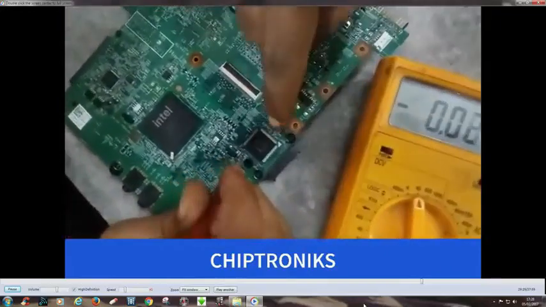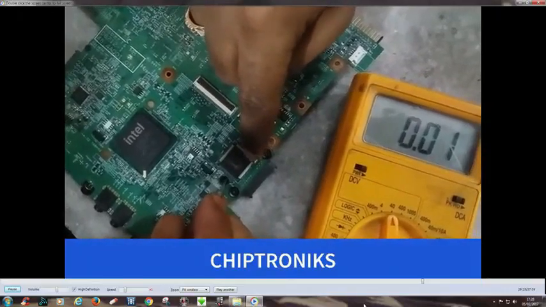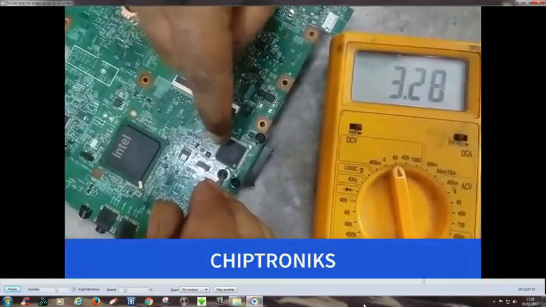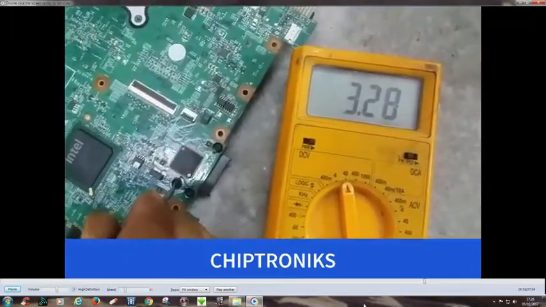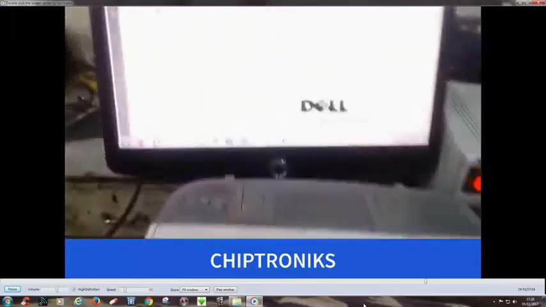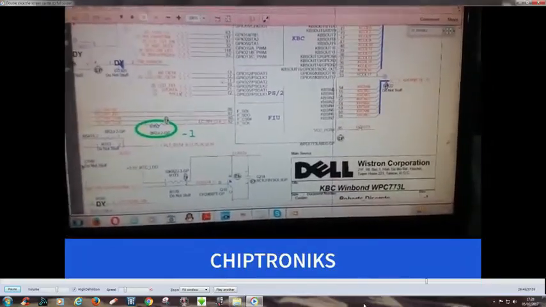On pin number 85 you can see there is an arrow. So you should always count pin number like this in anti-clockwise: 1, 2, 3, 4, 5, 6, 7, 8, 9, till like this. This is anti-clockwise. So you can see at pin number 85 this is 3.28 volt. So we have met the first two conditions, that is supply and reset.